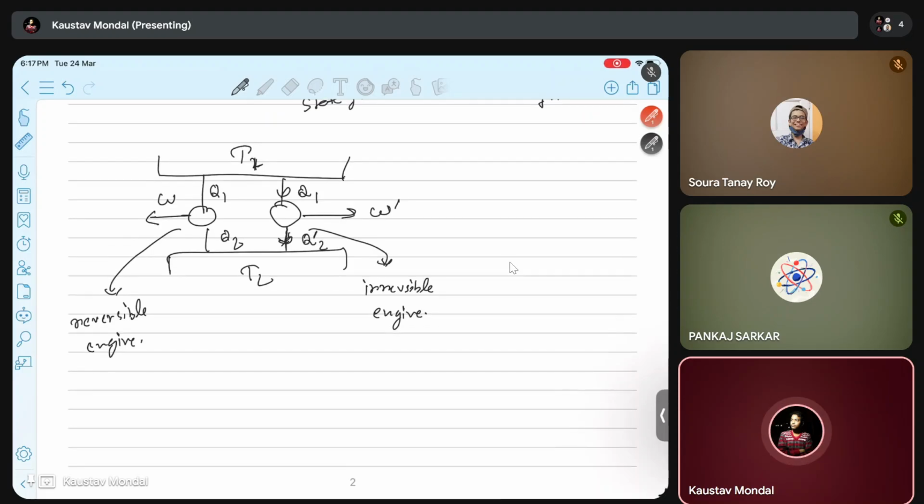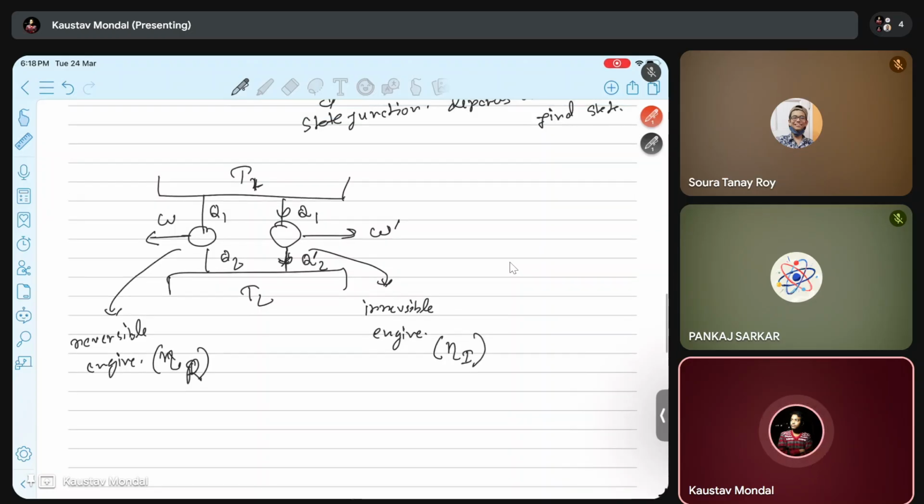Let the efficiency of the reversible engine be eta R and of the irreversible engine eta I. From Clausius theory, you already know eta I is always less than eta R, right?